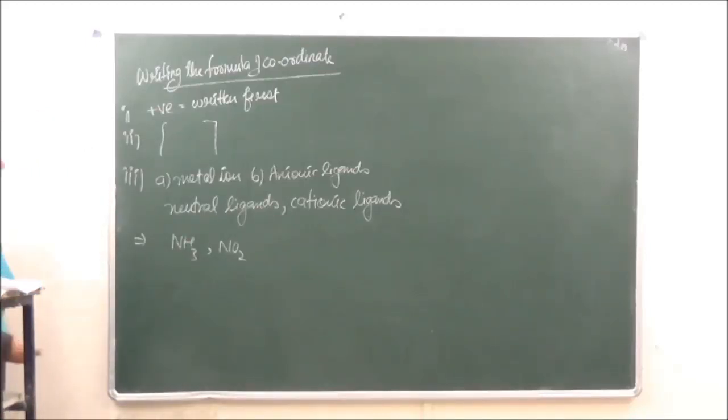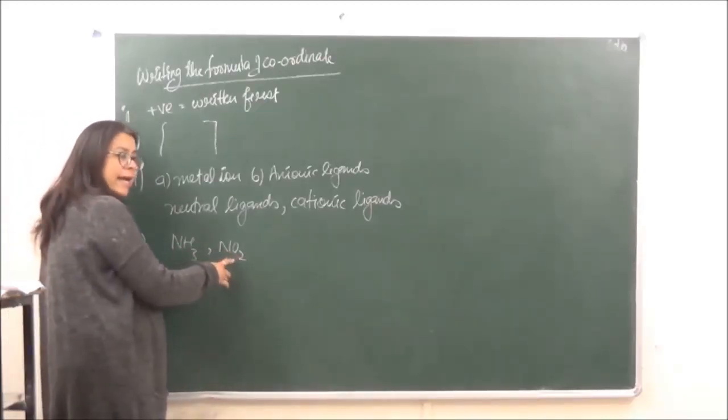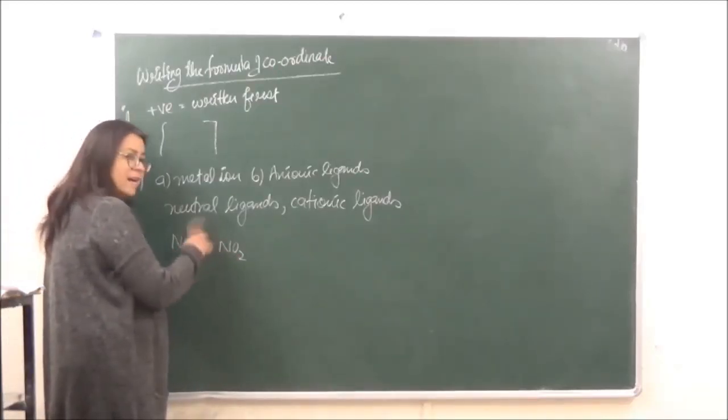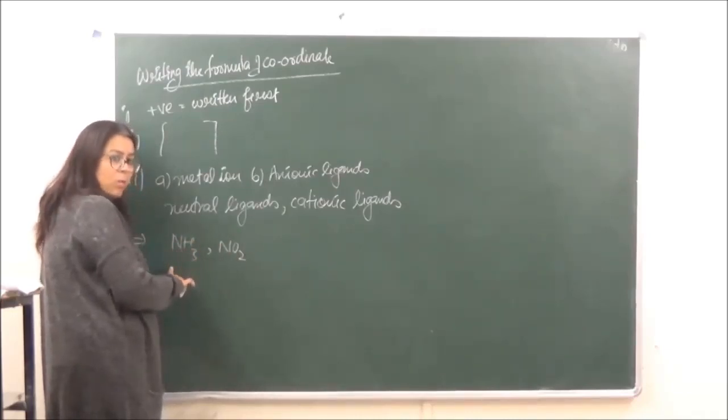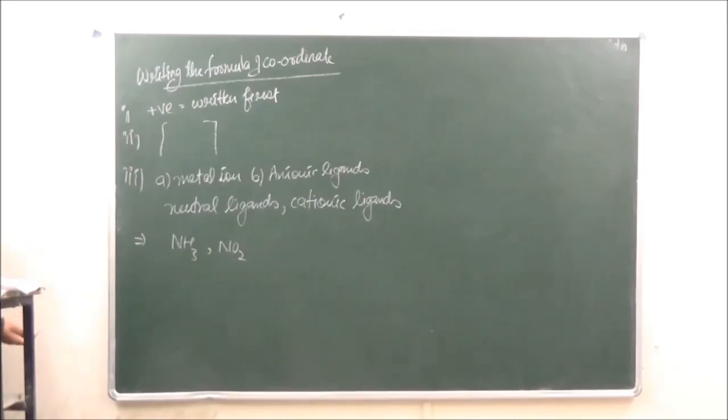Alphabetically in the sense that amine is M, nitro is I. So I will come first and then amine M will come. So you will place nitro first and then you will put the amine. Now if there is more than one kind of anionic ligand present, then also you have to use the alphabetic order. Okay? So let's take a few examples over here.